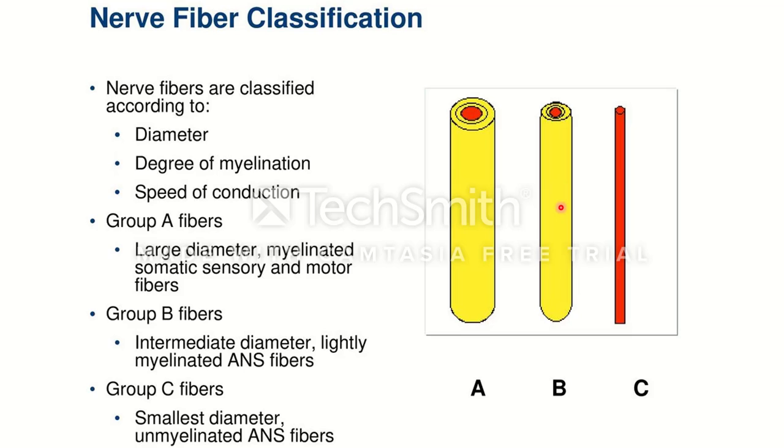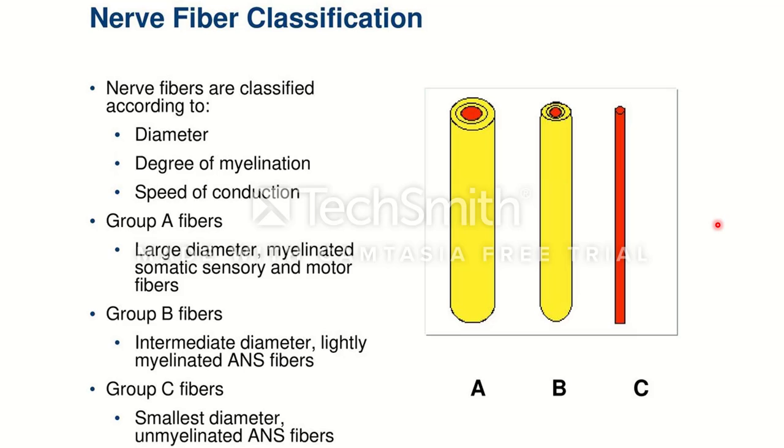The neuron that terminates in this ganglion is called preganglionic, and the neuron that starts from this ganglion is called postganglionic. So preganglionic neurons are type B neurons with respect to the velocity or speed of the transport of the electrical impulses.